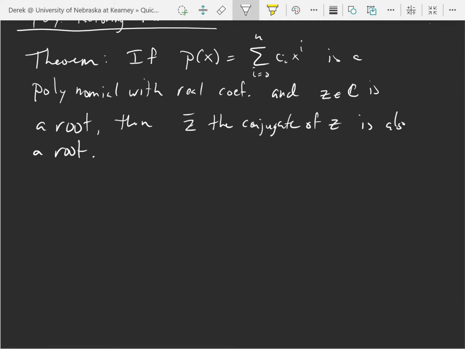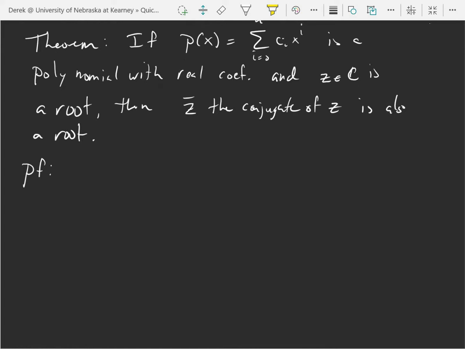Okay, so let's prove this. So let p of z equal 0.